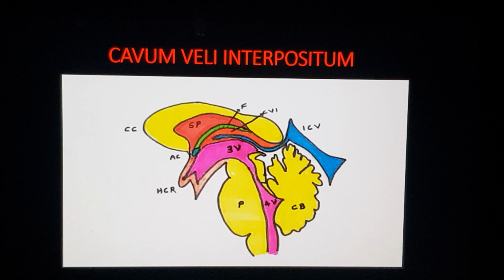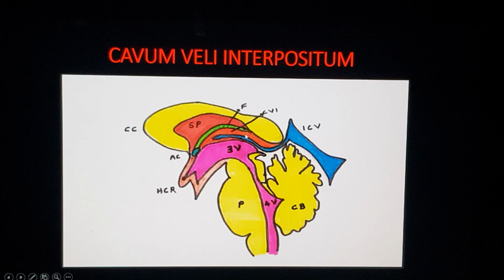So when we have a cystic structure on ultrasound, we need to see whether it is infero-anterior to the splenium, inferior to the fornix, use color Doppler and show that it is superior to the internal cerebral veins. And if these conditions are satisfied, then the fluid collection can be called a cyst of the cavum velum interpositae.